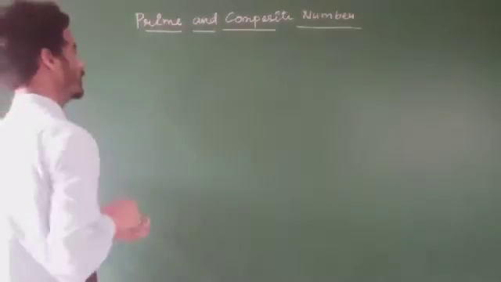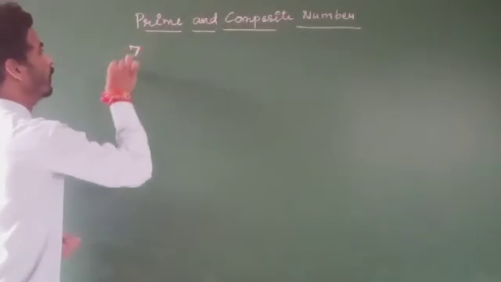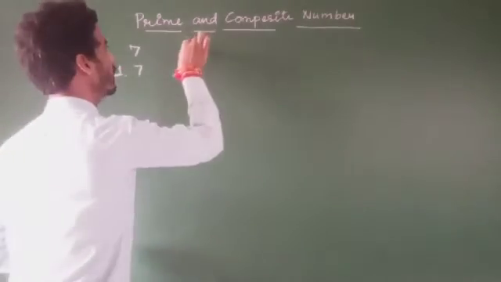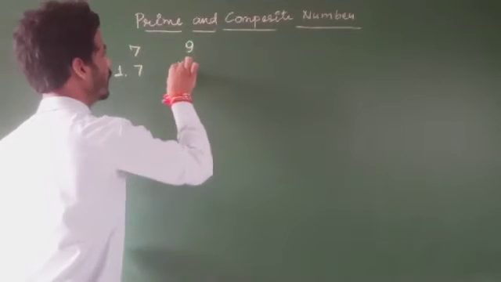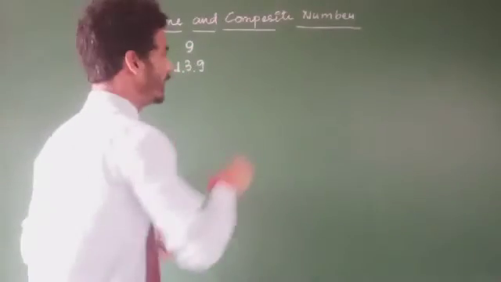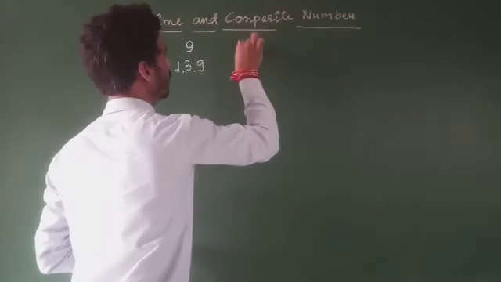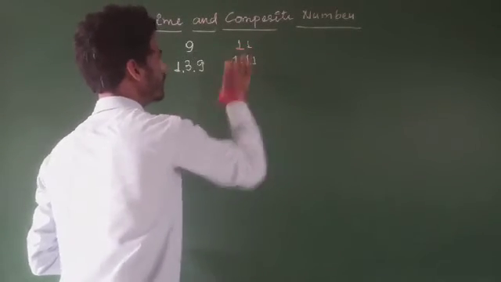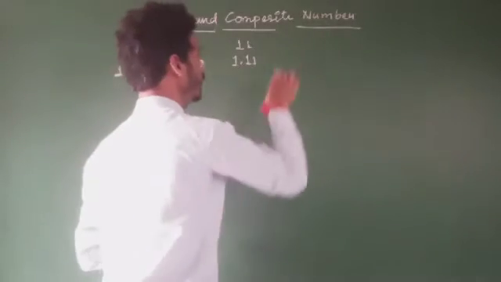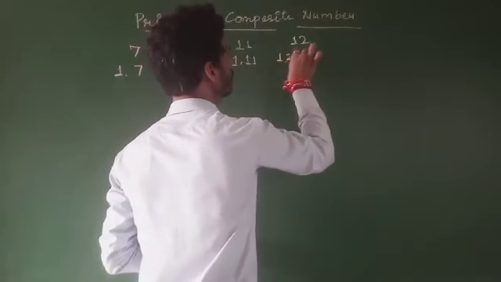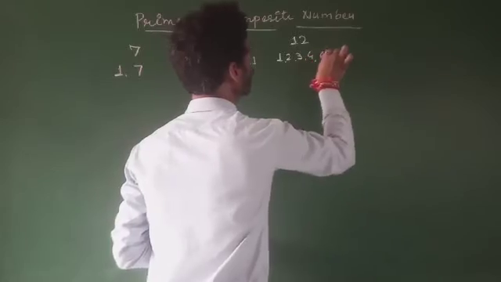The factors of 7 are 1 and 7. The factors of 9 are 1, 3 and 9. The factors of 11 are 1 and 11. The factors of 12 are 1, 2, 3, 4, 6, 12.